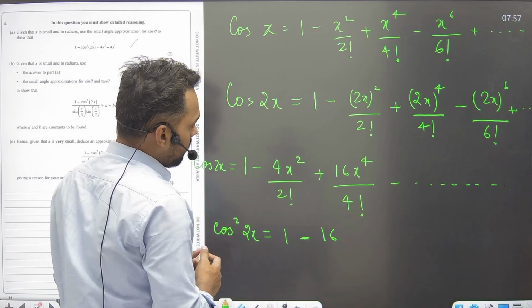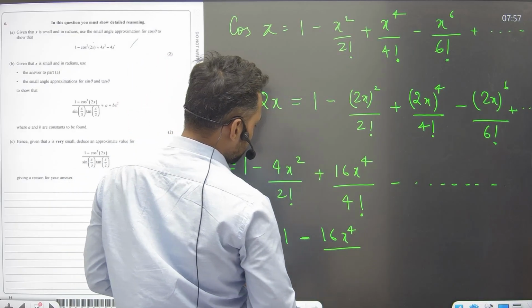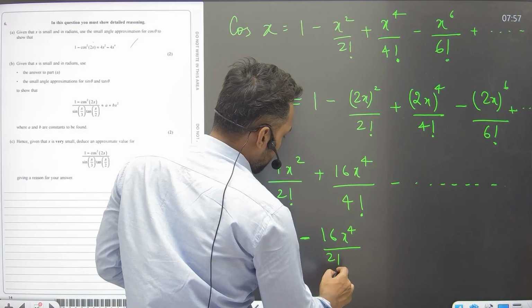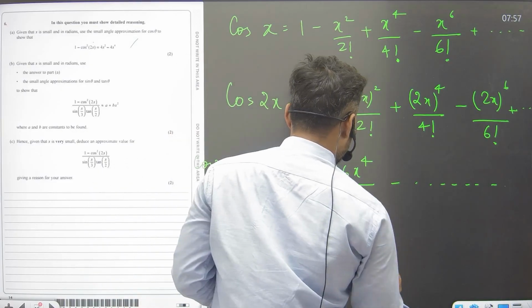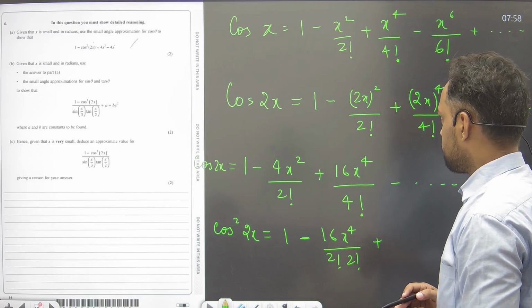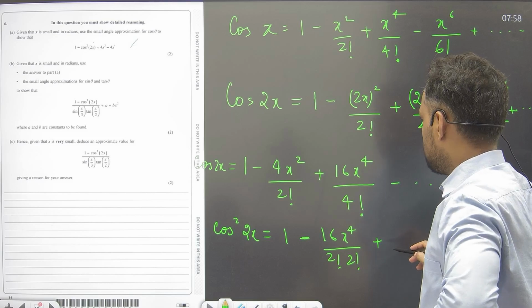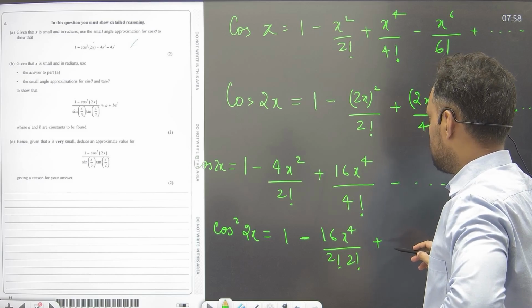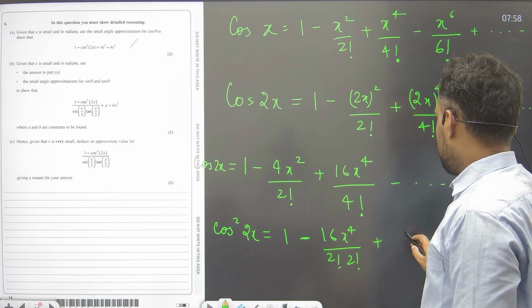So 4 square will be 16, x square will be x power 4 upon 2 factorial into 2 factorial plus 16.